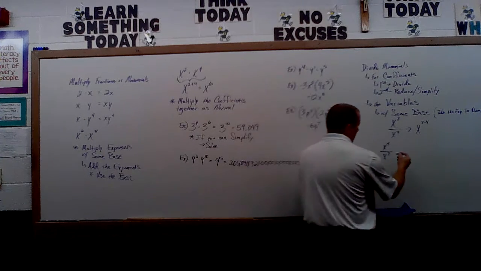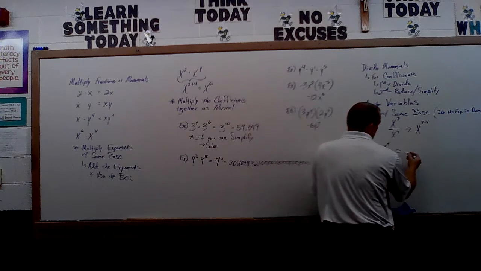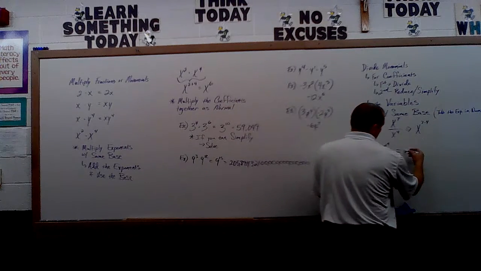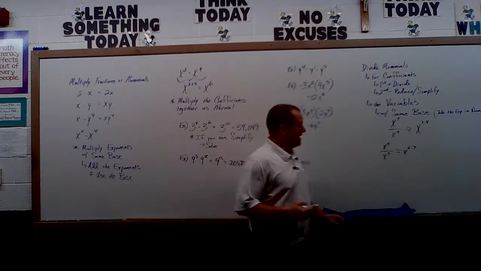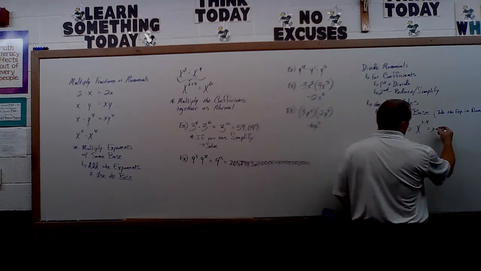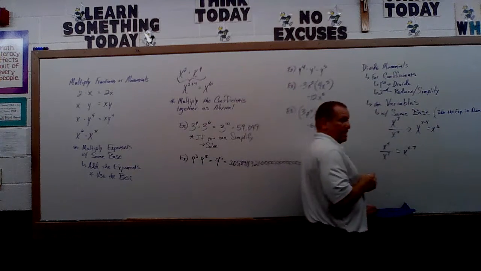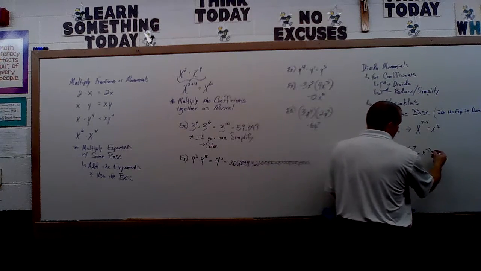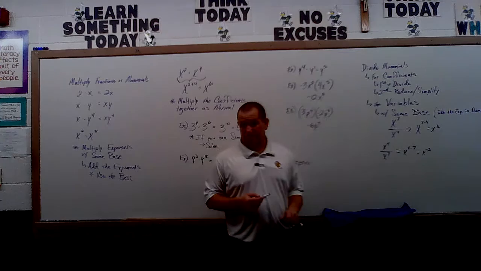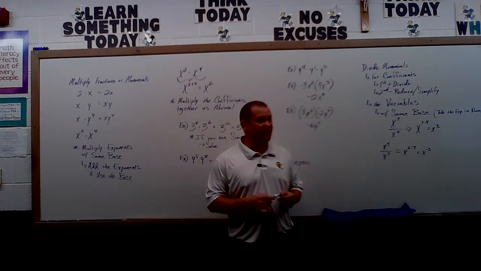Right? Because now, if I do our new rule, because we're dividing, I'm going to take my exponents and subtract them. I end up here with x cubed, right? I end up down here with x to the negative 3. Okay? And we haven't really talked about negative exponents yet.